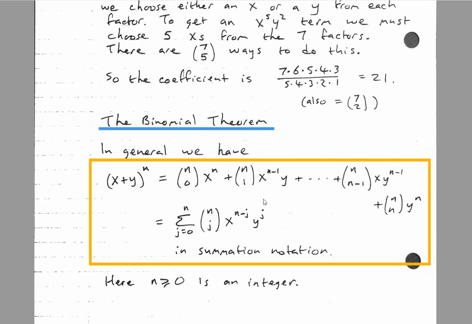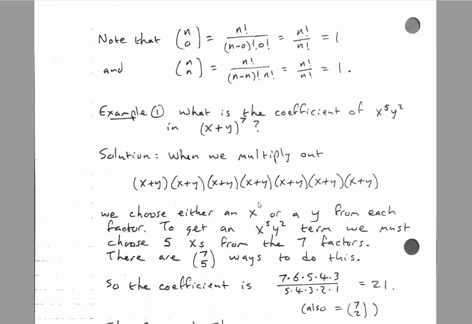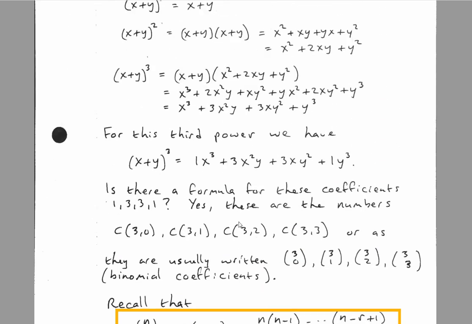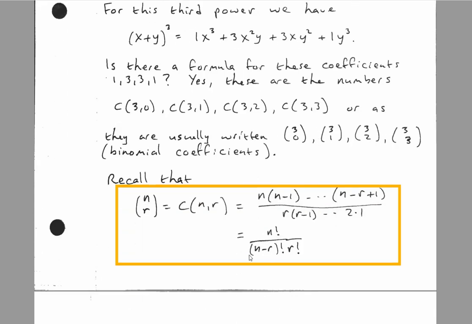Alright, so it looks complicated, but this is just what we're doing. And we saw an example when n equals 3 earlier, just with these coefficients.